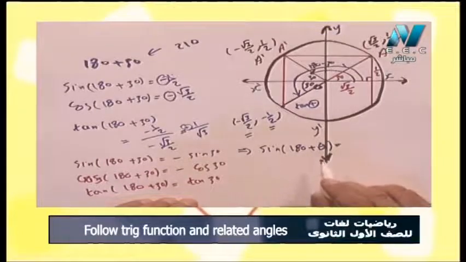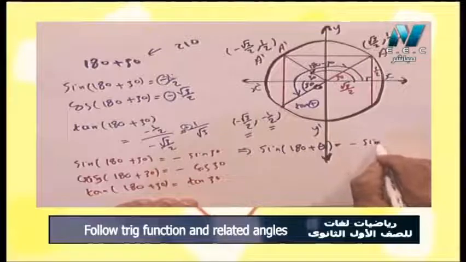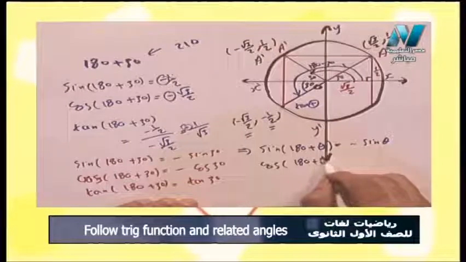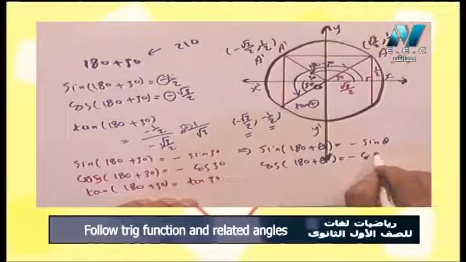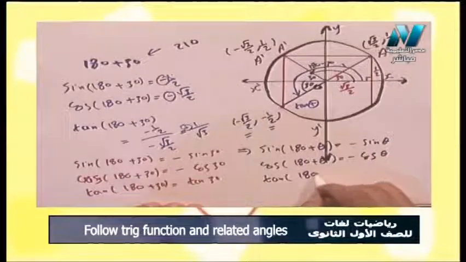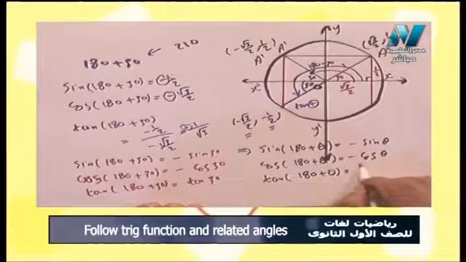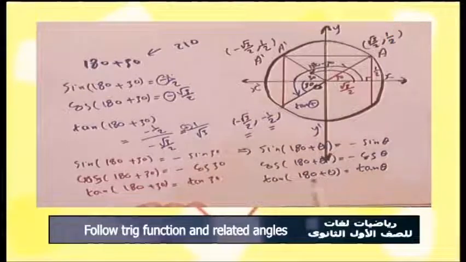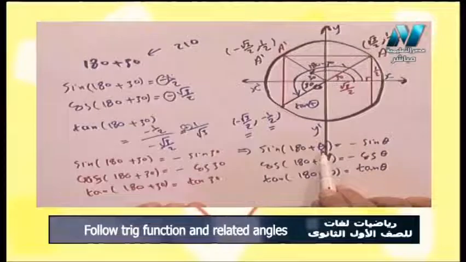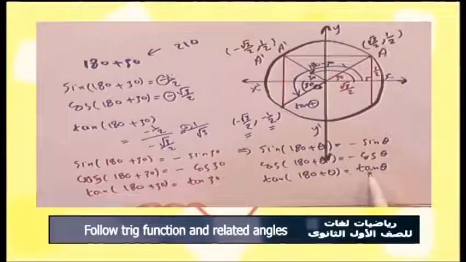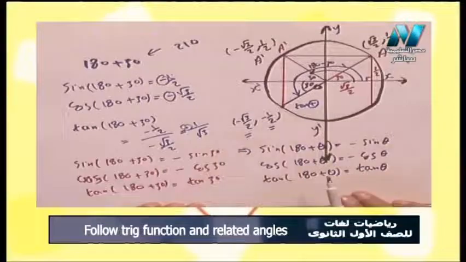So sine 180 plus theta equals negative sine theta, and cosine 180 plus theta will be negative cosine theta also, and tan 180 plus theta equals tan theta, and it is positive. So for 180 plus any angle theta, sine of this angle will be negative sine, cosine of this angle will be negative cosine, and tan of this angle equals tan theta, which is positive.